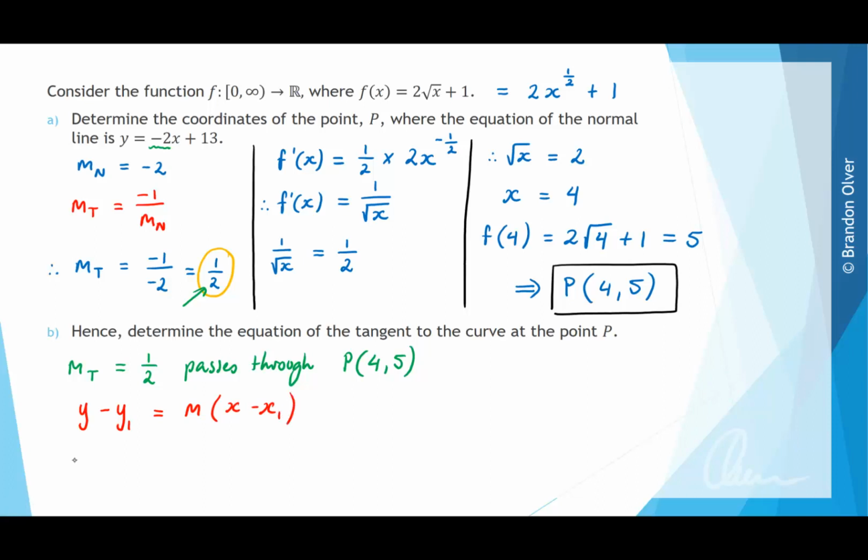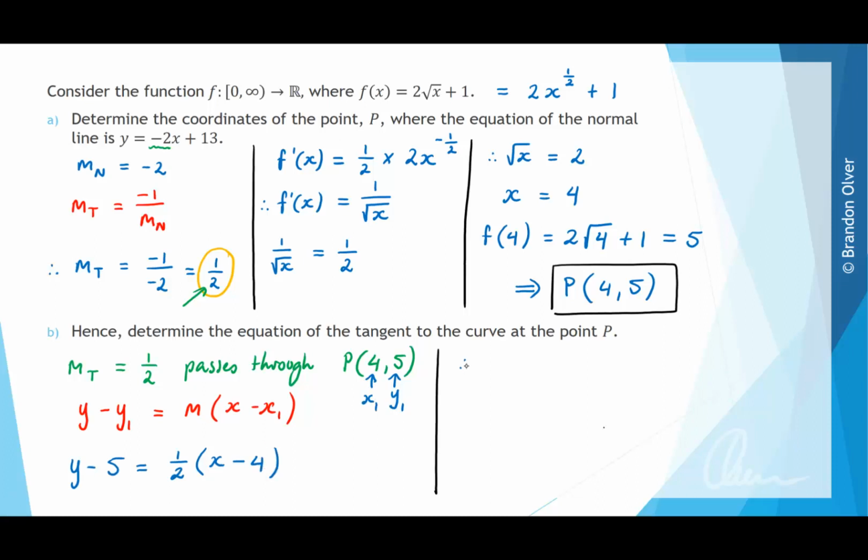Substituting in what we know, we're going to have y take, and the y1 value is going to be the 5, so we're going to have y subtract 5, which is equal to m, which is the gradient's value of 1/2, times x subtract x1, which is going to be this 4 here. So we're going to have x subtract 4 in the brackets.